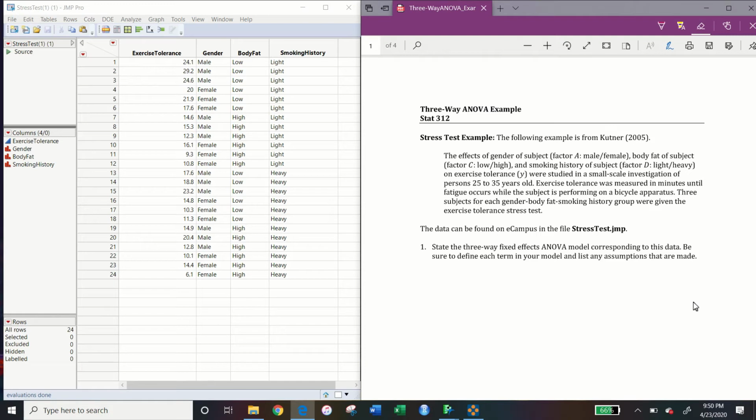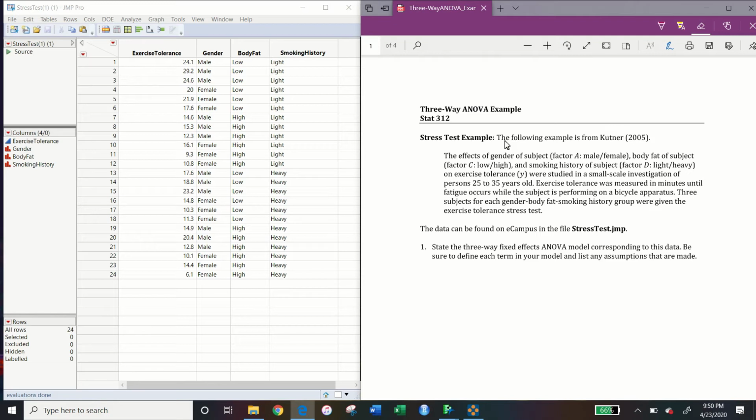First off, just to give you a background, I'm going to go ahead and read the example problem. The stress test example is from Kutner in 2005, and it's looking at the effects of gender, body fat, and smoking history on a subject, with exercise tolerance as our response. It was studied in a small-scale investigation of persons 25 to 35 years old.